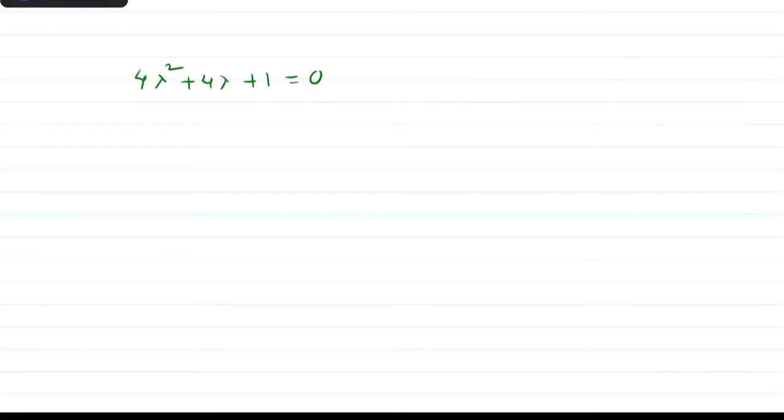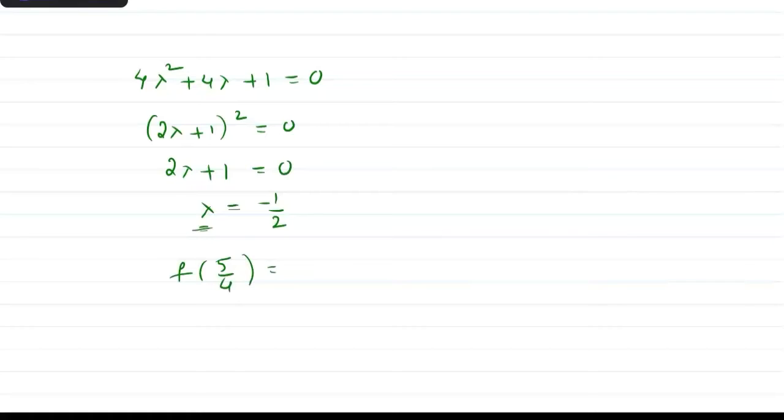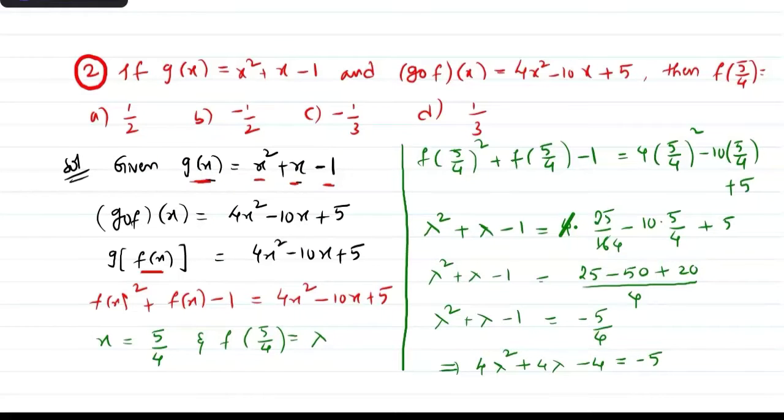So we can write this as 2 lambda plus 1 whole square, a plus b whole square concept. From here we can get 2 lambda plus 1 equal to 0, and finally lambda is equals to minus 1 by 2. But what is lambda we have taken? That is f of 5 by 4. F of 5 by 4 value is minus 1 by 2. Right. Now which option is correct? Option B is the correct option. Correct.